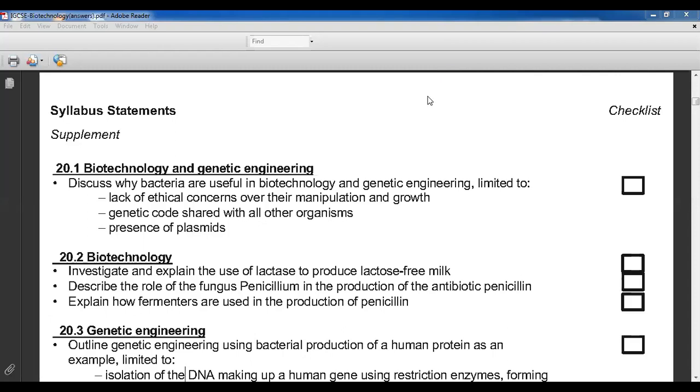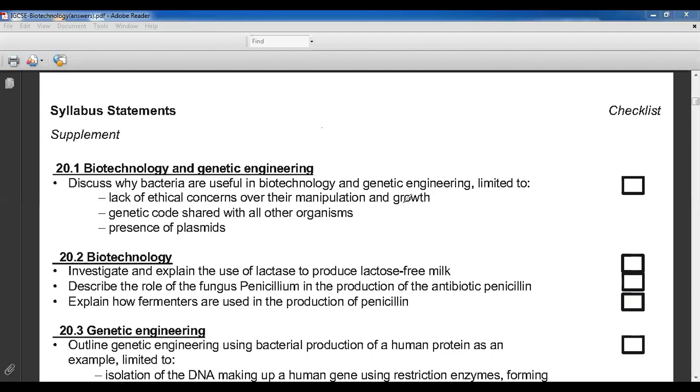All right. So I am going to discuss with you in detail about biotechnology and genetic engineering, right? So today my topic of discussion is the detail of biotechnology and genetic engineering. In this chapter, I will discuss biotechnology and genetic engineering, and then we will discuss why bacteria are useful in them.